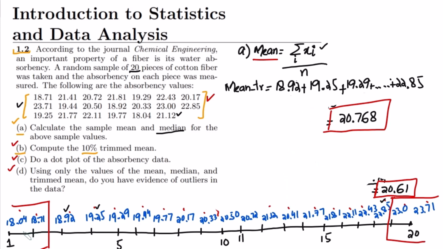The two data points from the lower end and two data points from the upper end have been removed. So the remaining data points we have are 16. Therefore we divide by 16. As I have already calculated, the summation of it is 331.89 divided by 16, and finding it, the trimmed mean will be what?